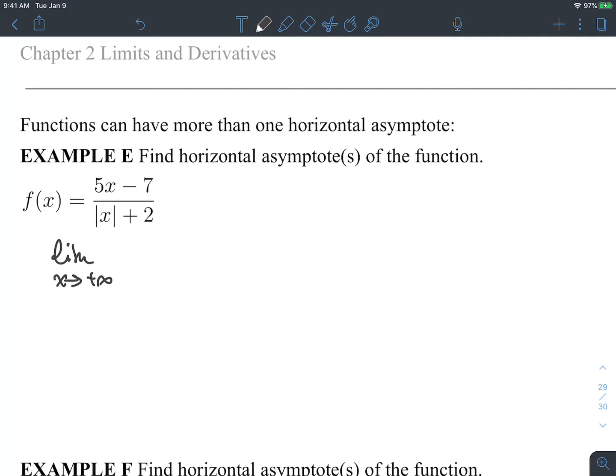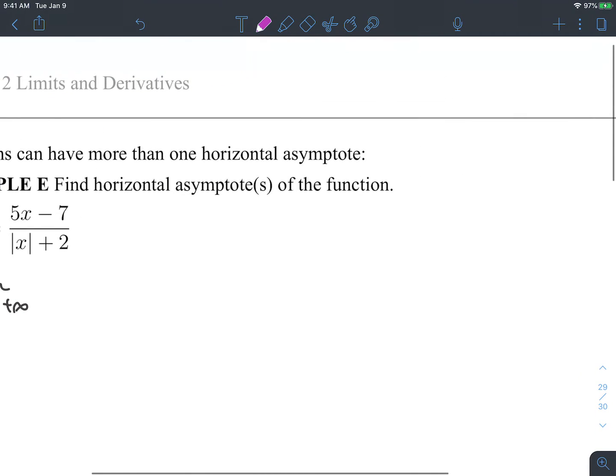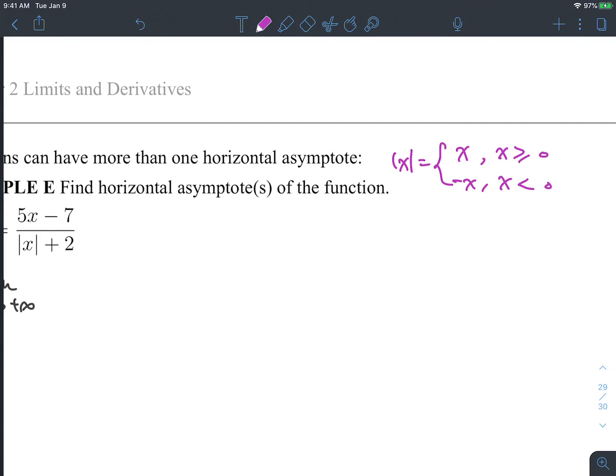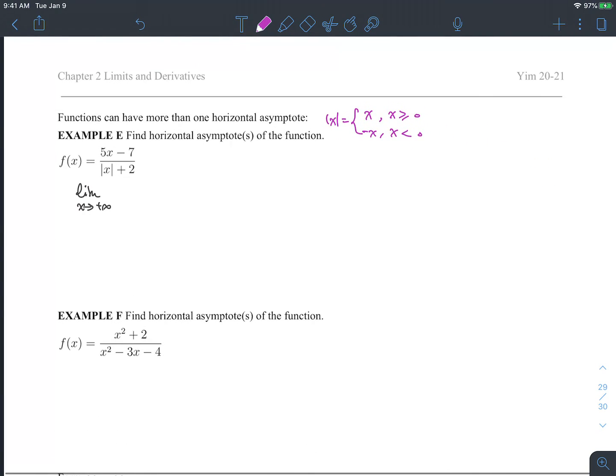Well, as before, I see this, and when I see that, I'm thinking, all right, I need magenta on that one, guys. It is so important. We're going to go magenta. So that is x if x is greater than or equal to 0, positive. If x is negative, we're going to negate it.